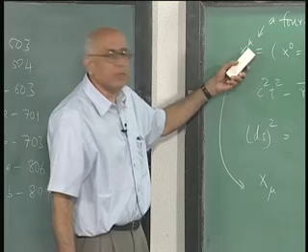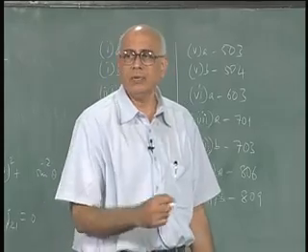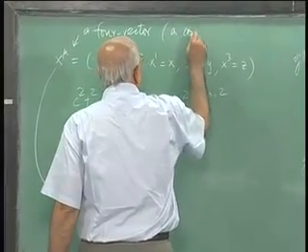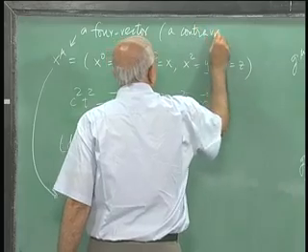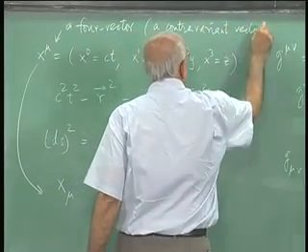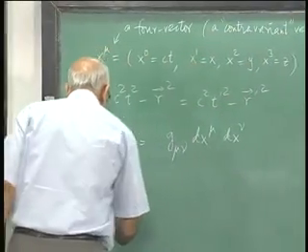This is called a contravariant vector and this is called a covariant vector in the old literature, but I am going to use slightly different terms for it. This is archaic terminology.